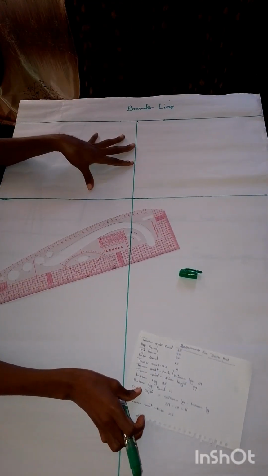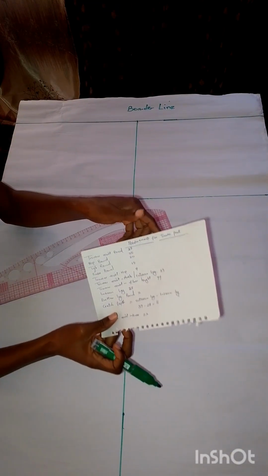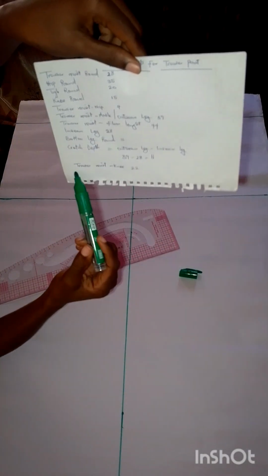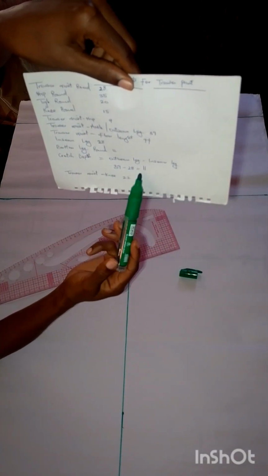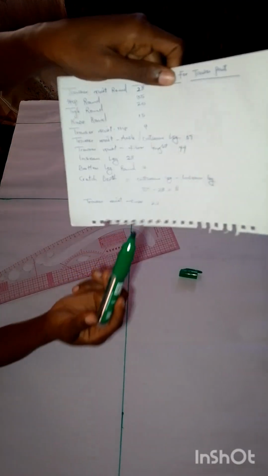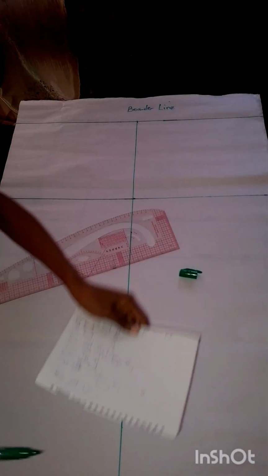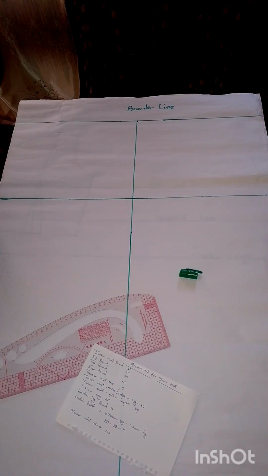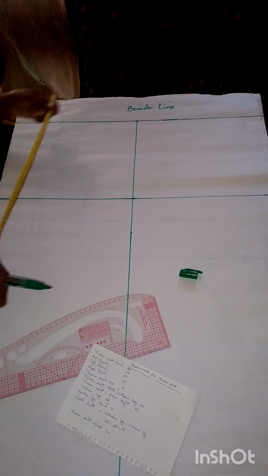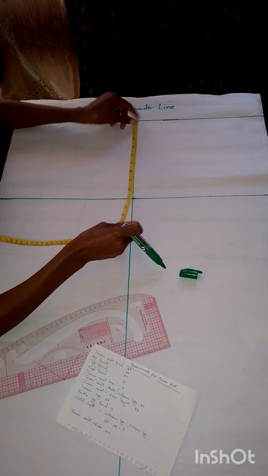So the next thing now is our crotch length. This is our crotch here, which is 11 inches. That's the next thing I'm going to be ruling out from the border line, 11 inches.